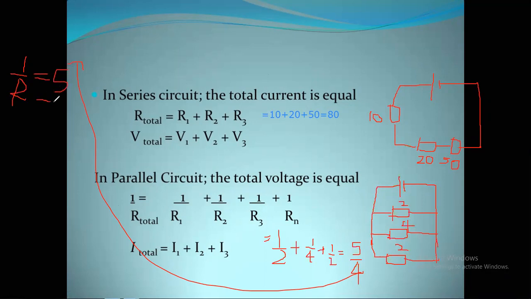We need to find the value for R. What you can do is turn it upside down and write R is equal to 4 over 5. 4 over 5 would be the total resistance for this circuit.